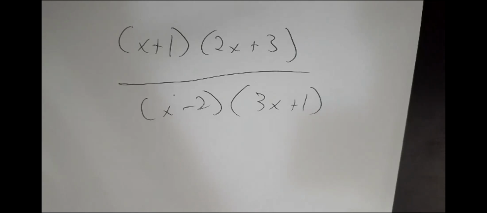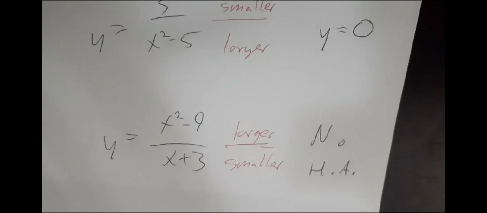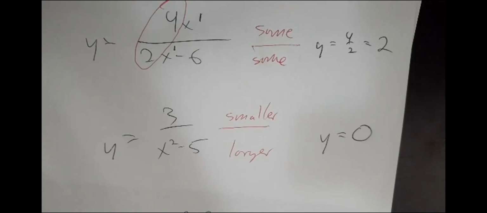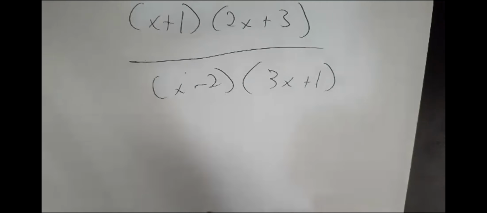Right. We would still have to be able to do some distribution. So you do want to put these in expanded descending order to know what your horizontal asymptote is. These are already in descending order and fully expanded. If they give them to you in factored form, we're going to have to do some distribution.